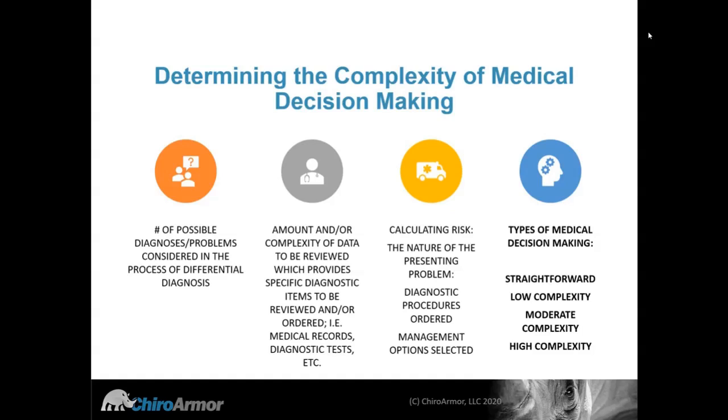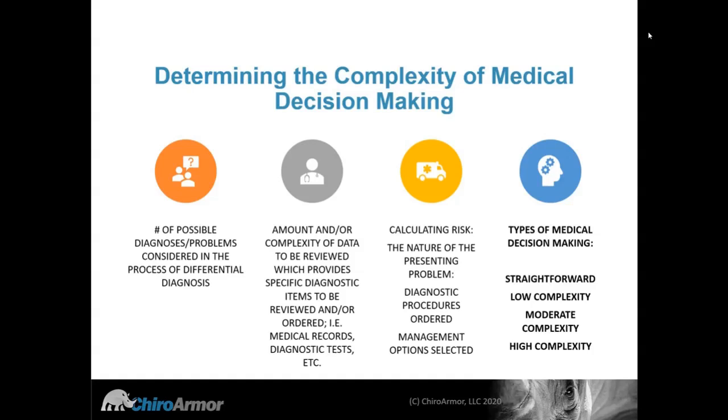And so it's these 3 areas: the number and complexity of the problems or diagnosis, the amount or complexity of the information that we get, that we learn about, whether it's external information or information that we learn from the history and from the examination and our diagnostic procedures, what we learn from all that. And then wrapping up, understanding what is the risk to the patient, what is the complexity.